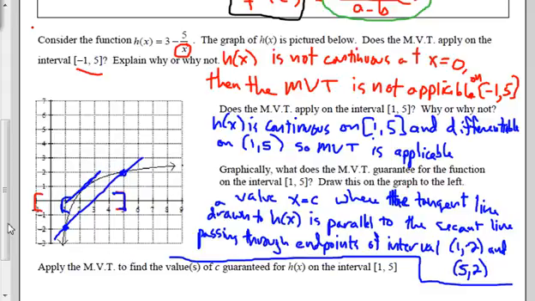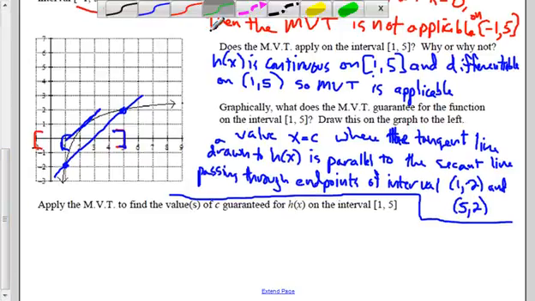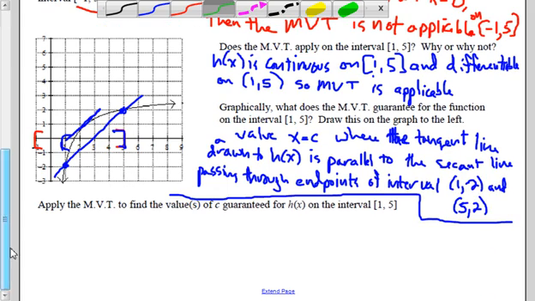This last step is let's actually find that value of c using the mean value theorem. So let's go back up to the mean value theorem. I have to show that the derivative when x equals c equals f of a minus f of b all over a minus b. Now we're not doing f of x, we're doing h of x.